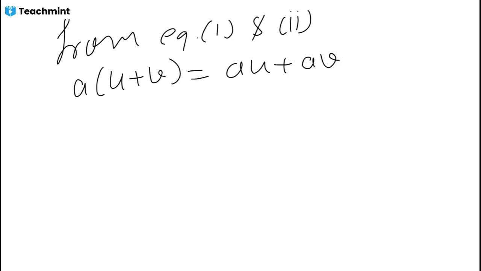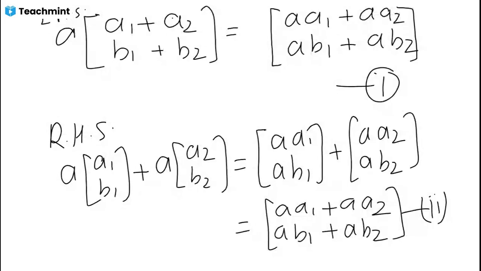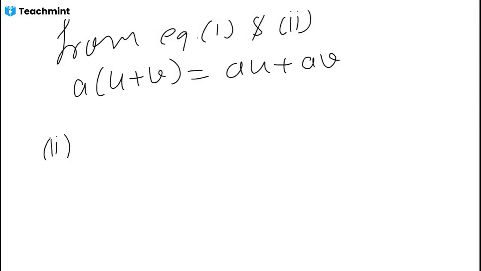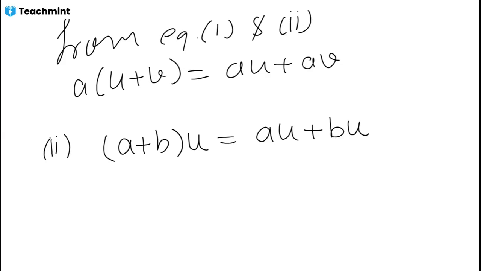Second, we need to show (a plus b) into u is equal to au plus bu. Can you do this yourself? You need to show it in the same manner. Can you do it? Yes, I can do.